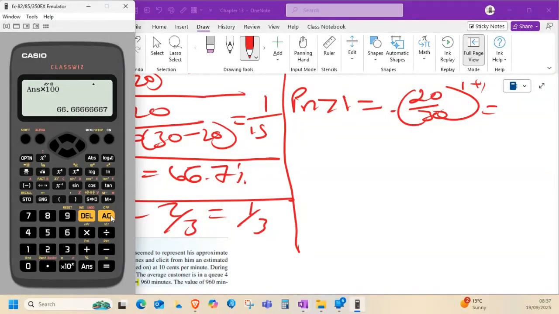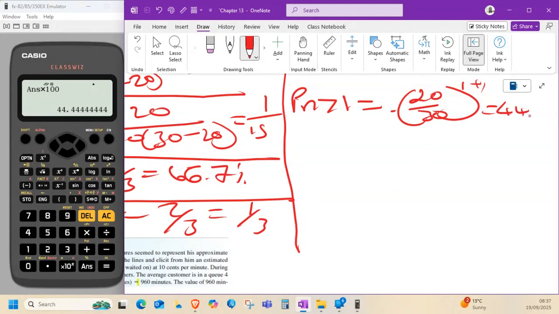So it's going to be open bracket 20 over 30, up 1 plus 1, times 100, which equals 44%.